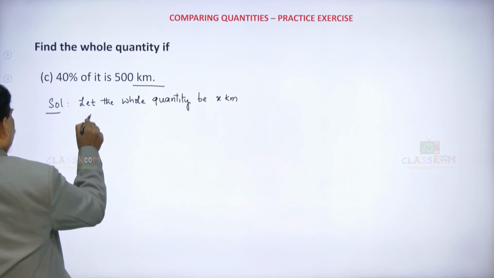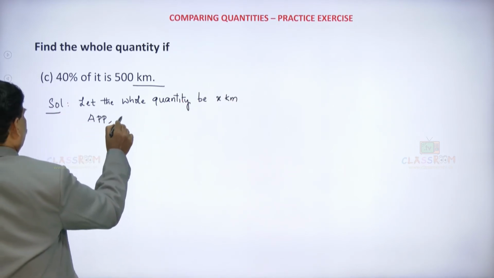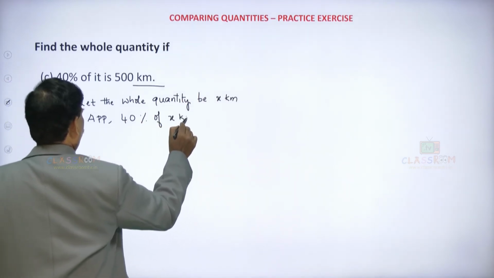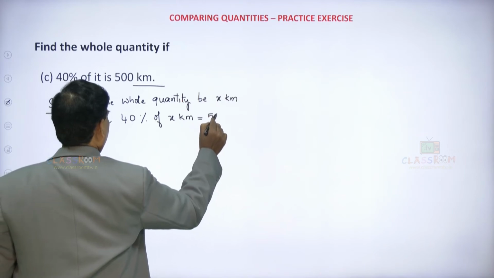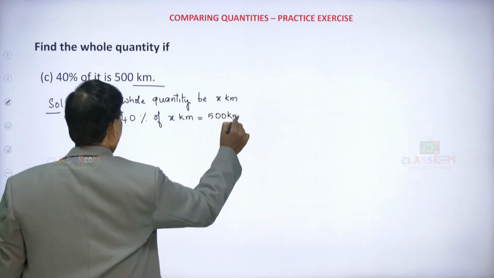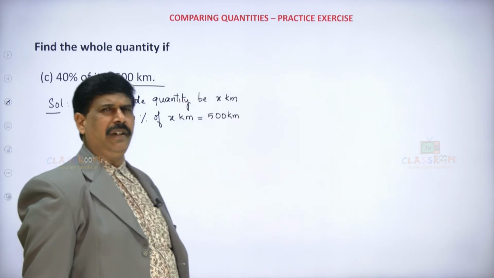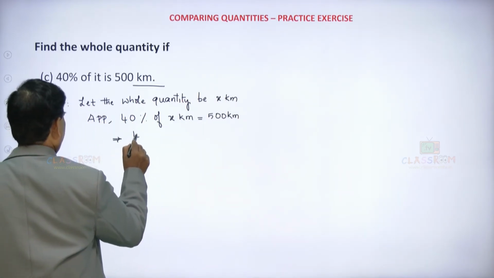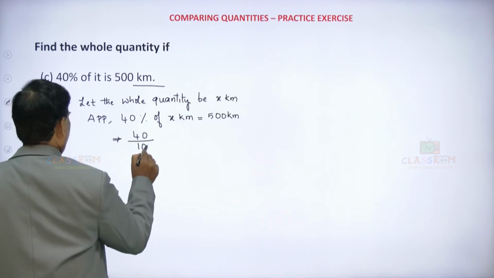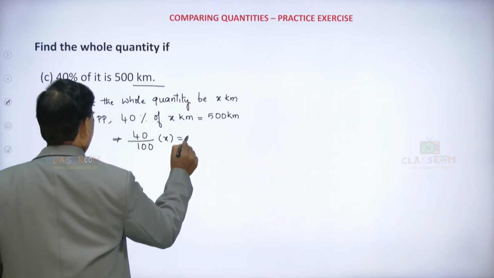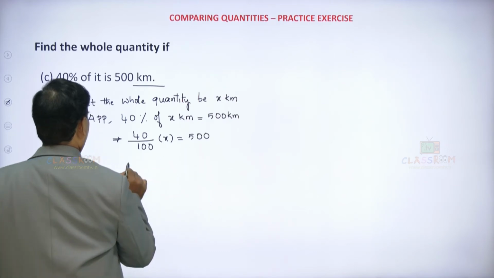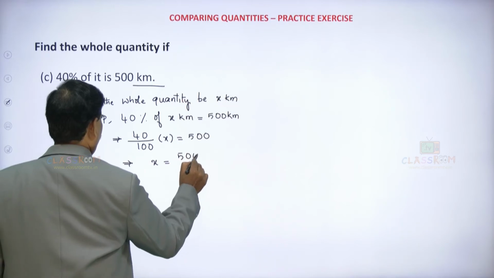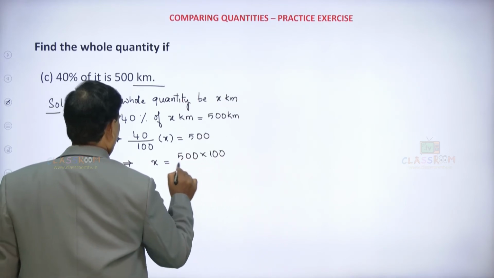So as per the problem, 40% of x kilometers is equal to 500 kilometers. So 40 by 100 into x is equal to 500. x is equal to 500 into 100 by 40.